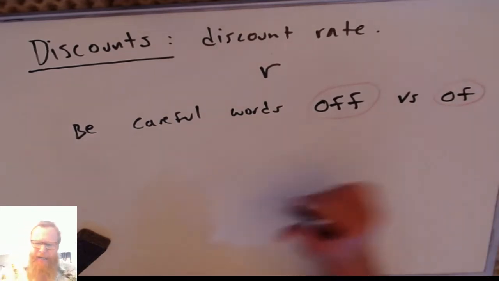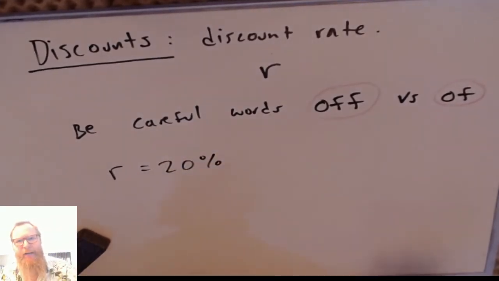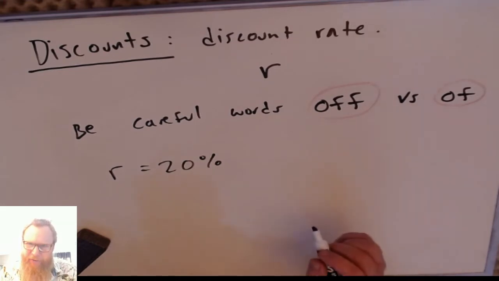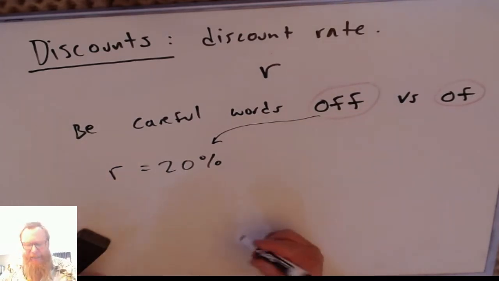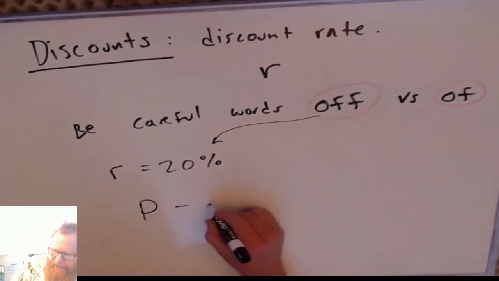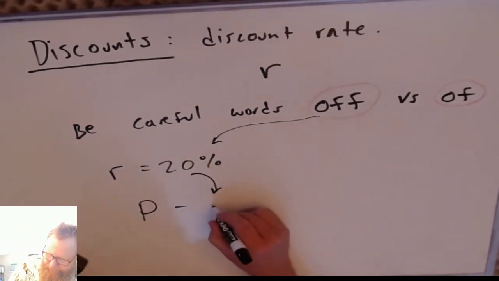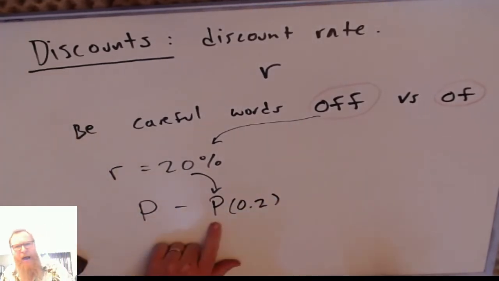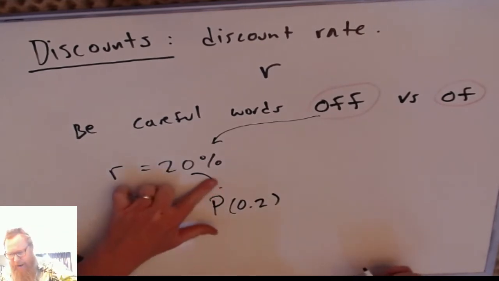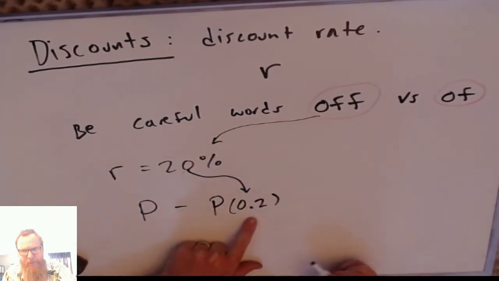So if I say R is 20%, and I say 20% off, yeah, then that means you are subtracting from the original price 20%, which is 0.2, times the original price. 20% becomes 0.2, yeah, or 2/10, or 20 hundredths.